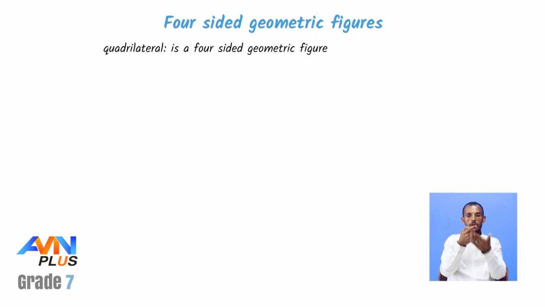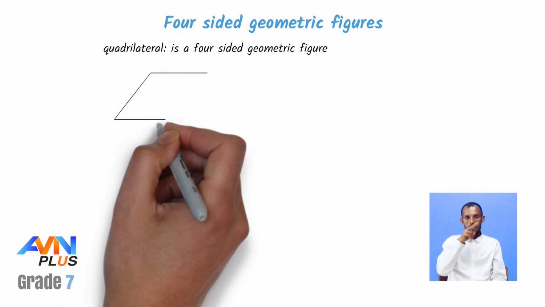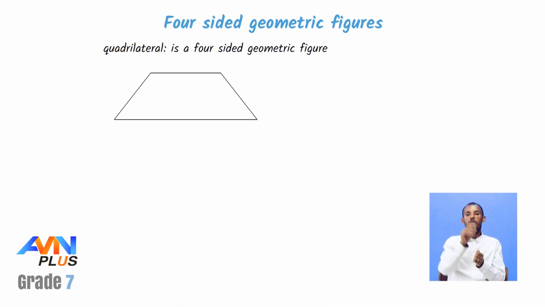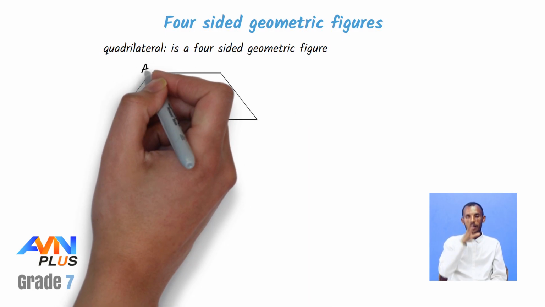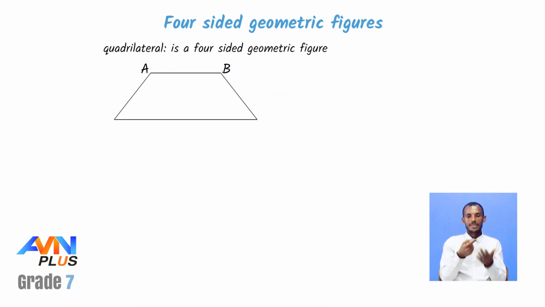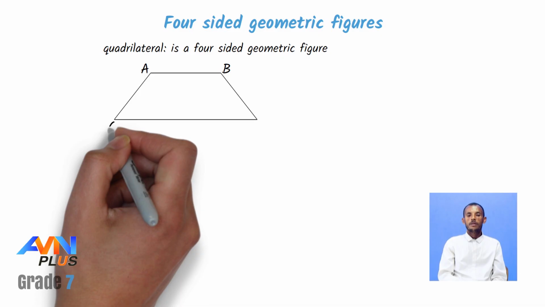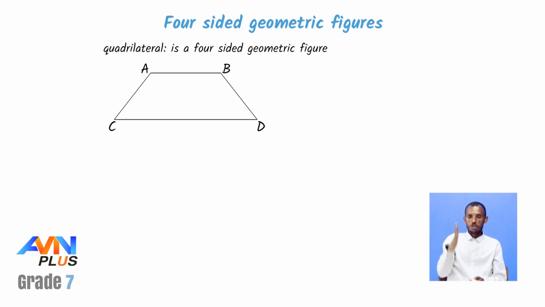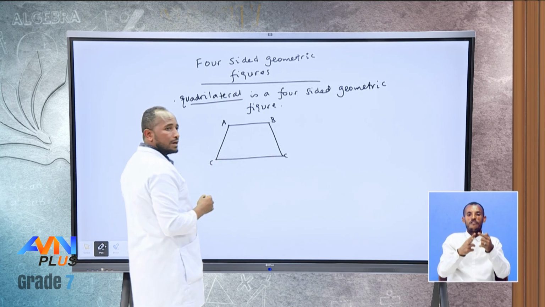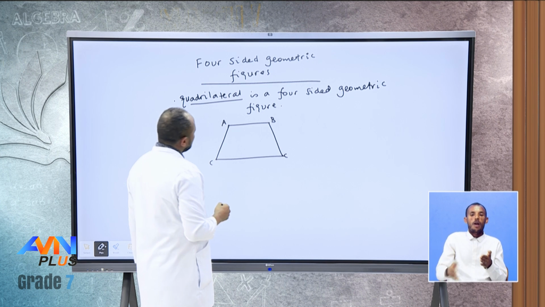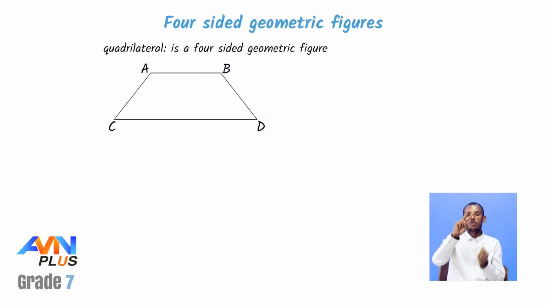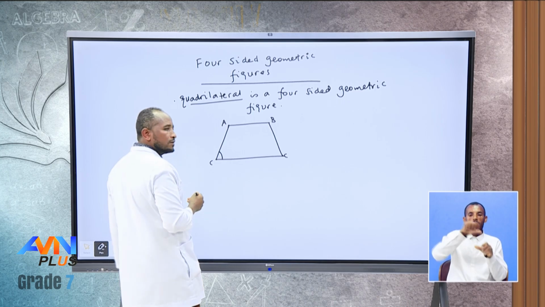If you see this one, it is a geometric figure with four sides, and the point where two sides meet, we call these vertices of this quadrilateral. The angle formed by two adjacent sides, we call the interior angle of this quadrilateral.